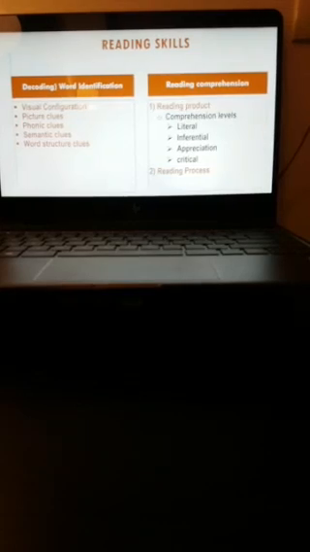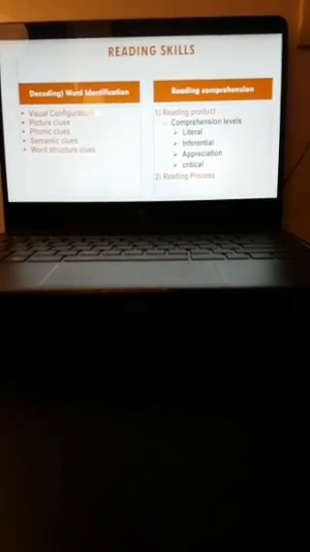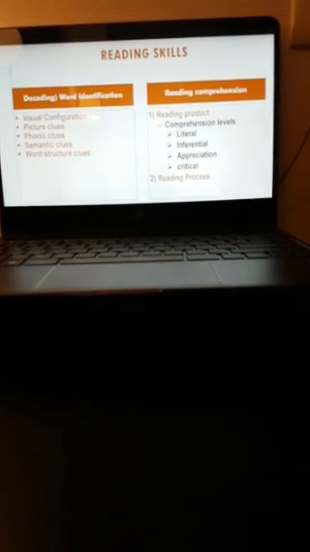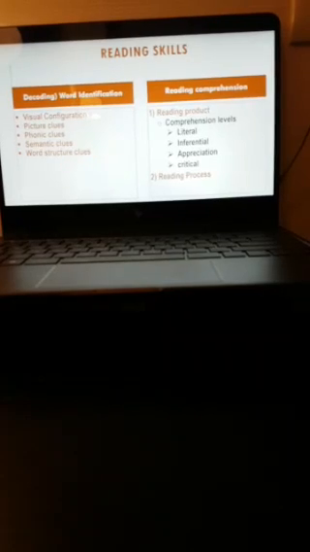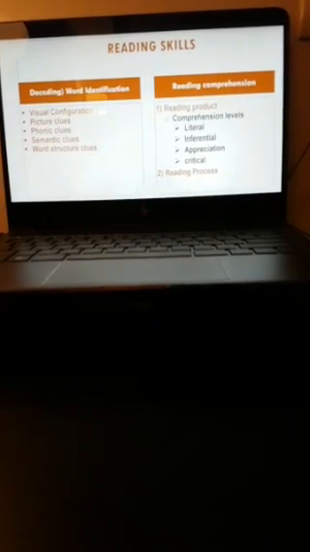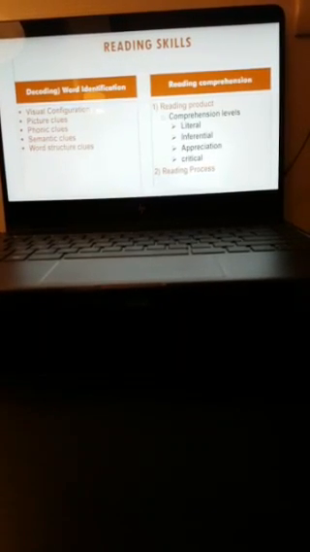And word identification includes several skills, such as visual configuration. We see the word right. By looking at it without even examining it, we recognize it and we read it. Enough, for example, we see it, we know that the G and H are pronounced F.